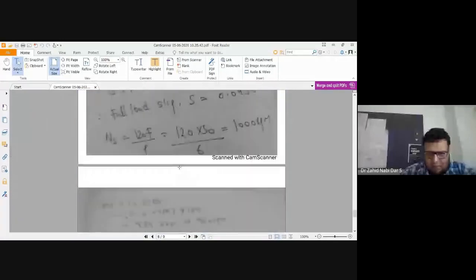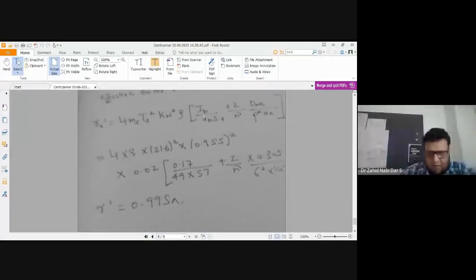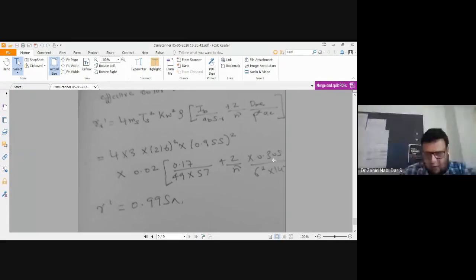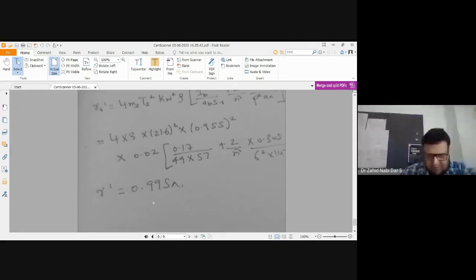This is length L_B. Your area of cross section A_B is 49. Your rotor slots 57 plus 2π, your diameter 0.305, your number of poles squared, your end ring area 147, and you will get the effective rotor resistance as 0.995 ohms.